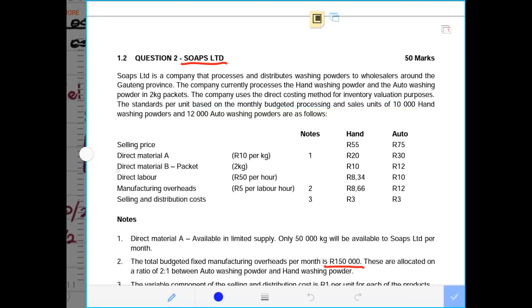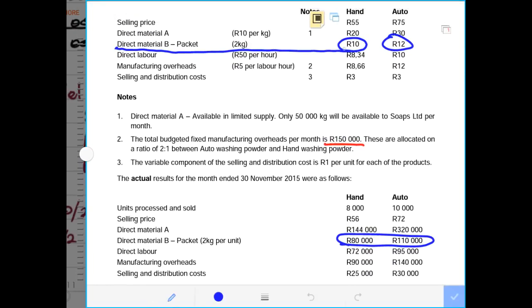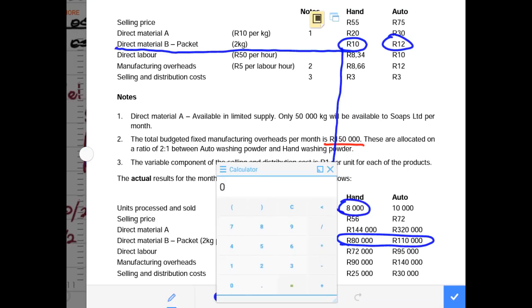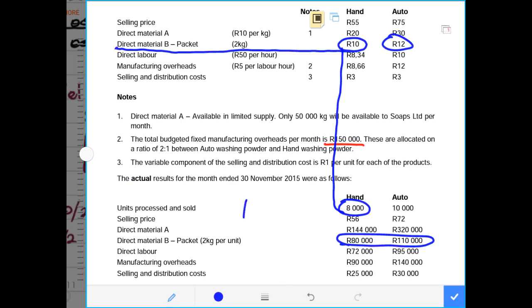We could have said material B is 10 rand per unit and 12 rand per unit, and we could have said 10 rand times the actual sales, 10 times 8,000, which will give us 80,000 rands.